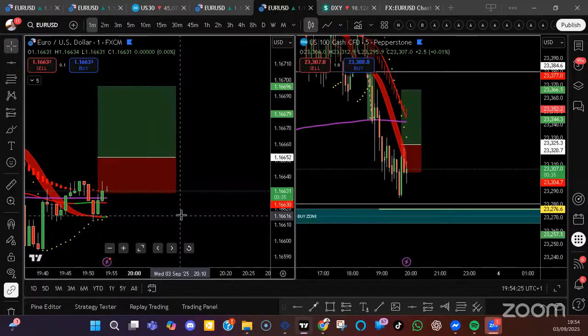Unless you've got an inkling of something. If you're in the trade, say you're in the euro for a buy, and you've got an inkling there's going to be good news for the euro within the next 10 to 15 minutes or whatever, that may force the euro to be better.